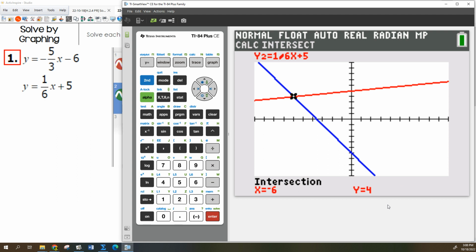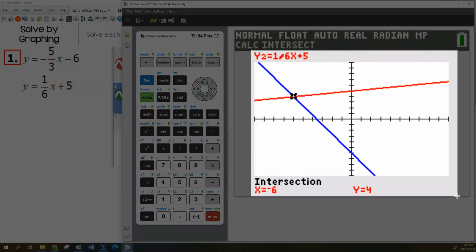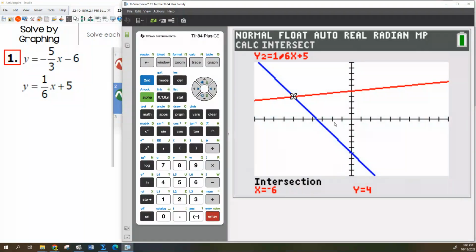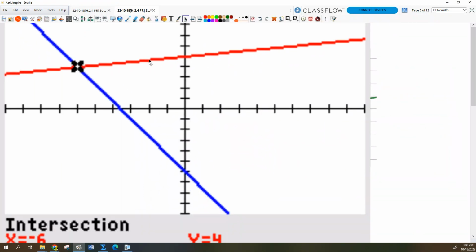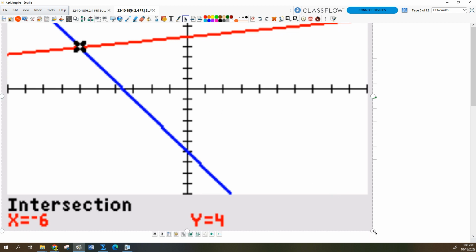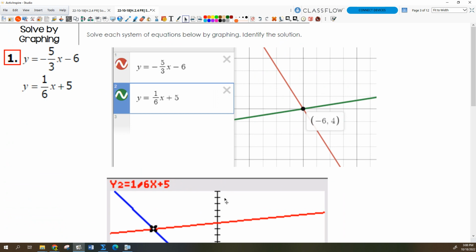And there it is, -6/4. Okay, so I'll just put that on here for our notes.